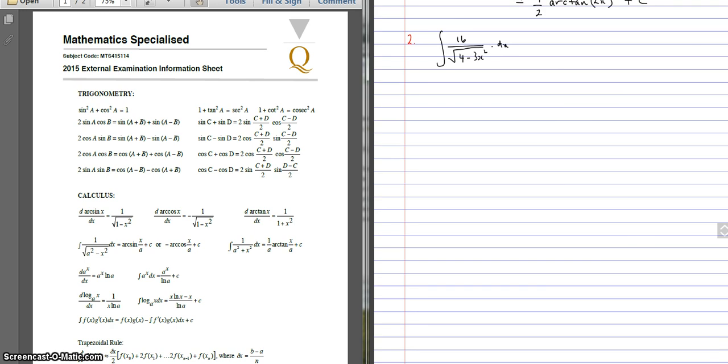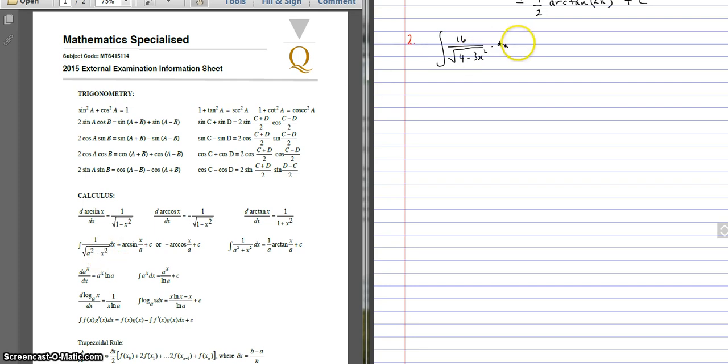Let's look at this second example. We can see this is going to result in either a sine or a cos inverse function, and really it could be either. The integral of 1 over the square root of a squared minus x squared will be arcsine x over a plus c, or negative arccos x over a plus c. So it can be either. Again, we want our coefficient of x squared to be 1.